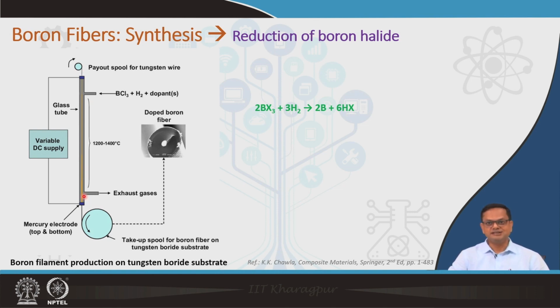So, in terms of synthesizing boron fiber, there has to be a relationship between the speed of the tungsten wire and the temperature, and that ultimately dictates the deposition kinetics of boron on the tungsten wire.